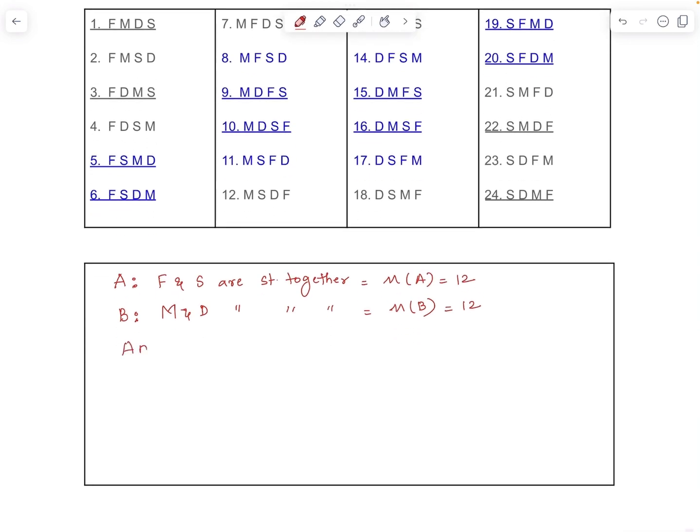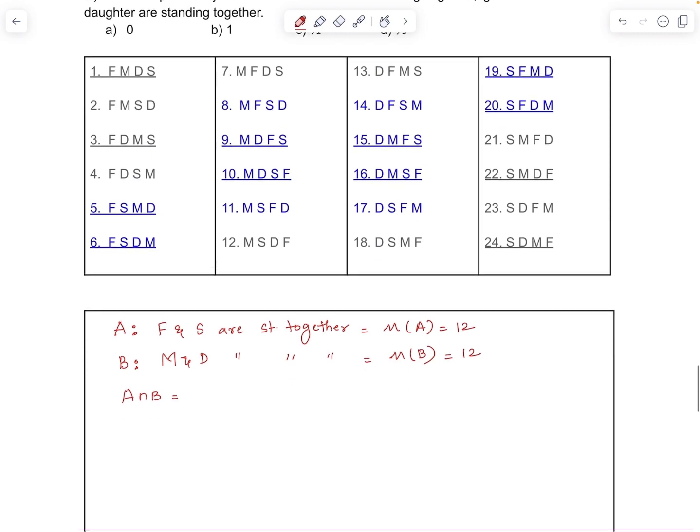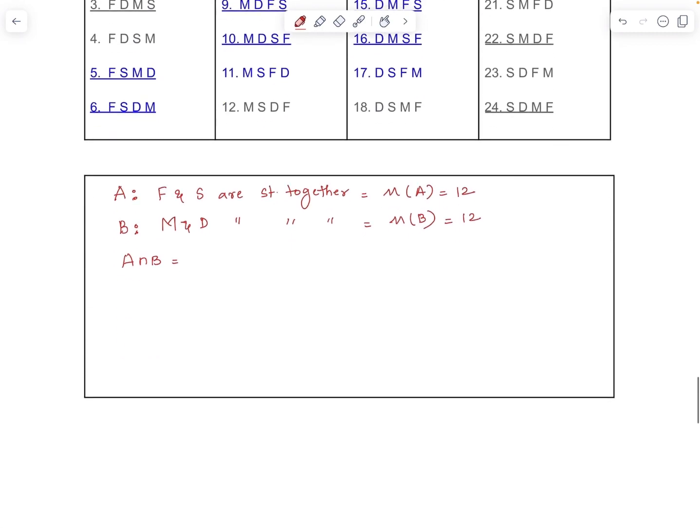A intersection B refers to the arrangements where father and son are standing together and mother and daughter are standing together. So we have 8 arrangements of that sort. That is, it is blue in color and also underlined. N of A intersection B is 8.